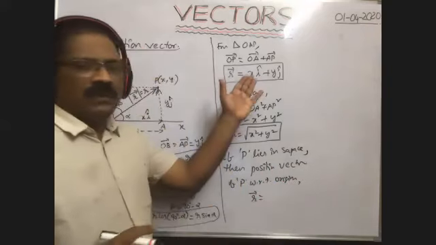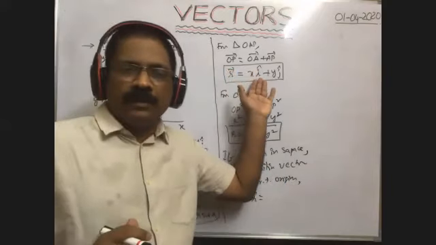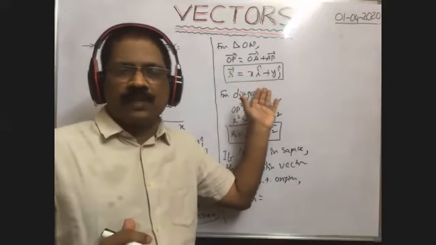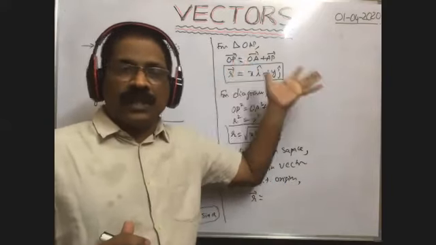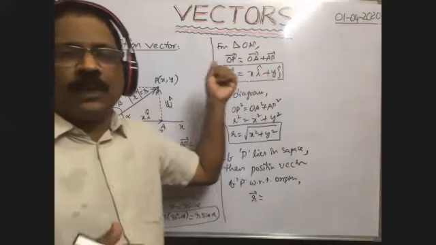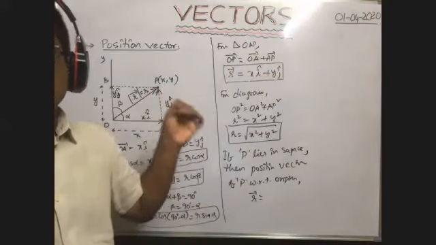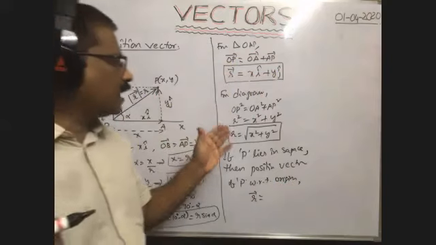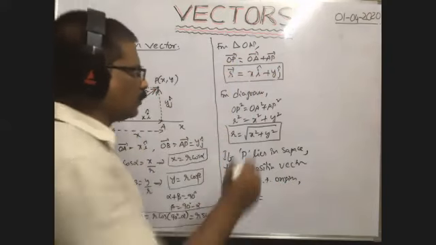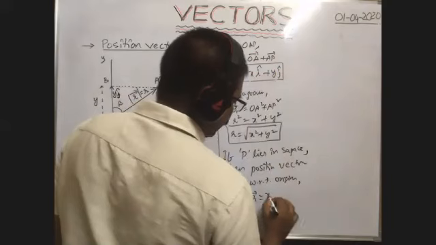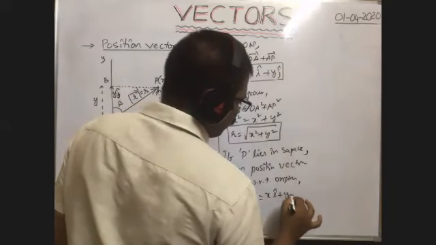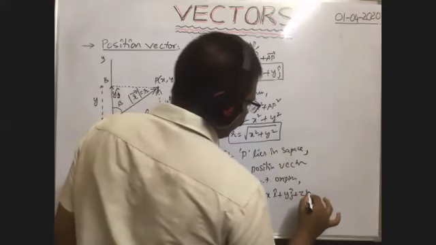Just like if the point P lies in a plane, then the position vector is equal to x i cap plus y j cap. If it lies in space, then this point P has three coordinates, x, y, z. In such a case, how can we write the position vector? r bar is equal to, just like here, x i cap plus y j cap plus z k cap.